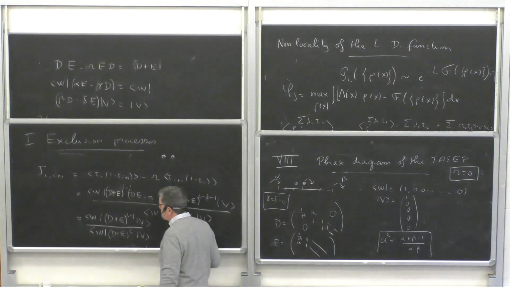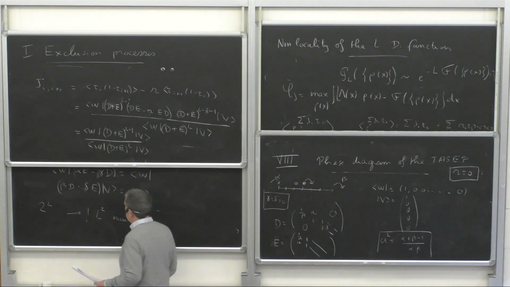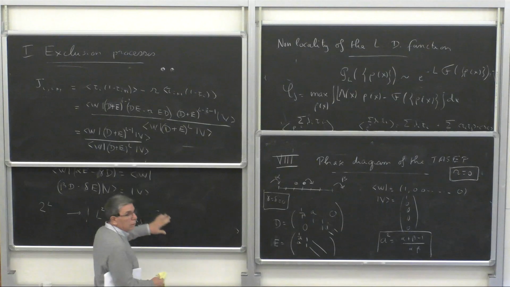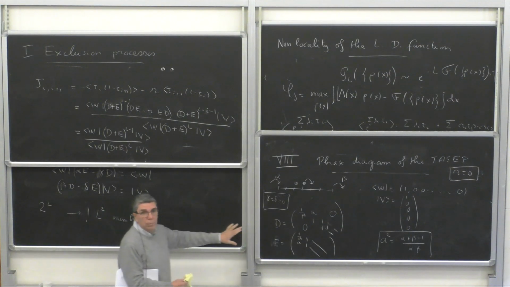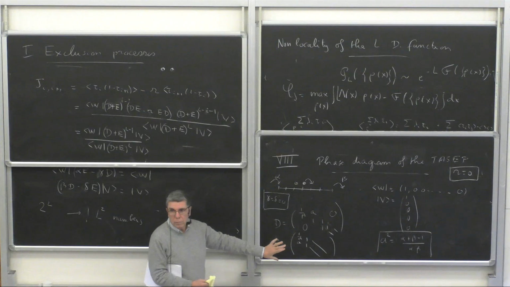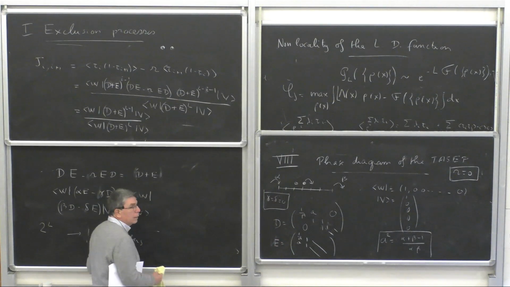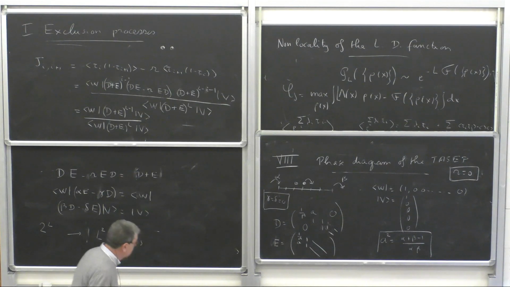Now, what was said before is that, in principle, the only thing you need to do if you want that is to care about the largest eigenvalue of the matrix D plus E. Let me just say what the answer will be and then explain why.